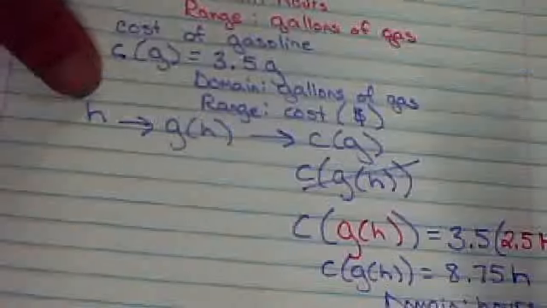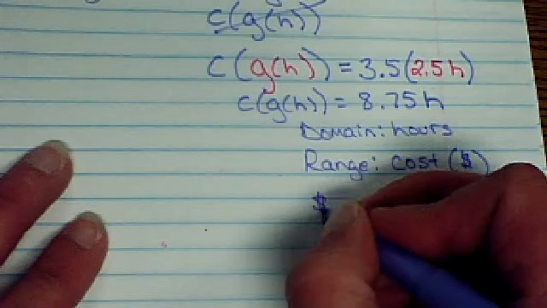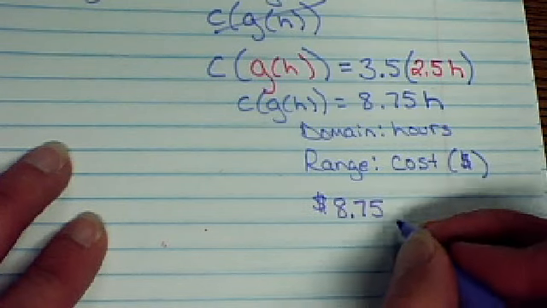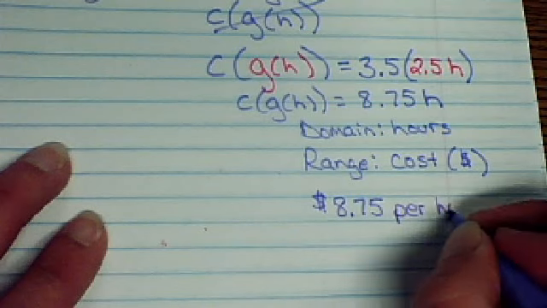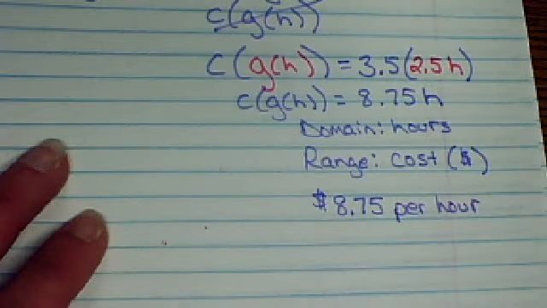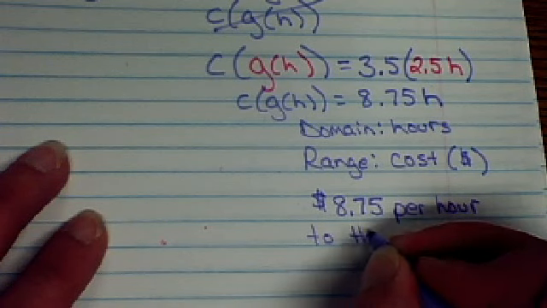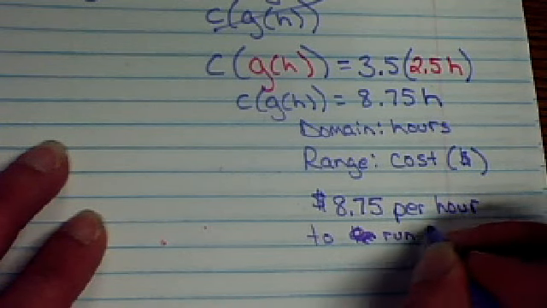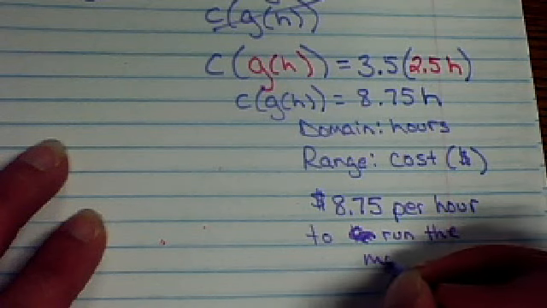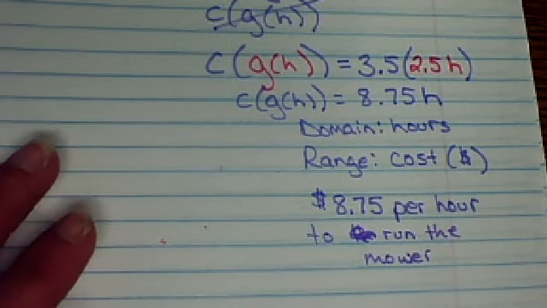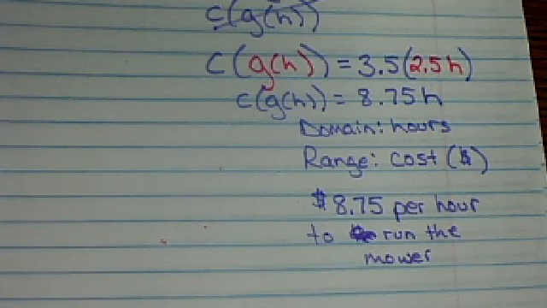So 8.75 means I'm being charged $8.75, my cost, per hour to run the mower. Whoops, I forgot the word run. Run the mower. And although it's brief, this is an example of how you can use composite functions in a real-world setting.